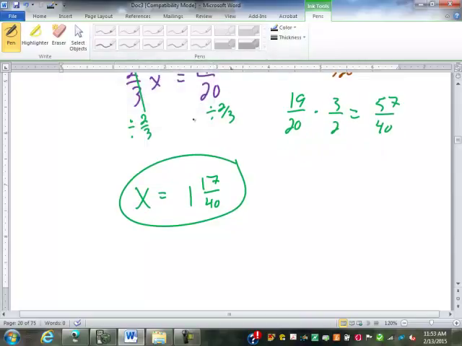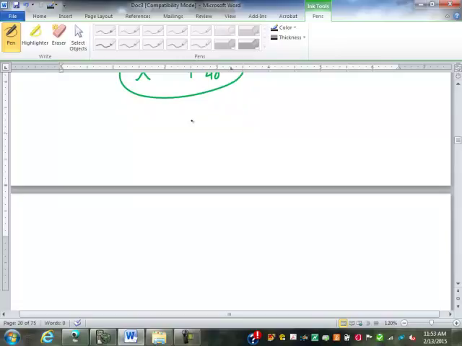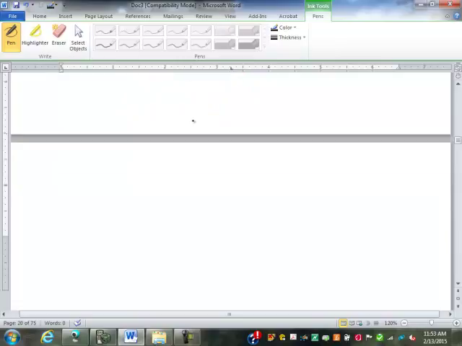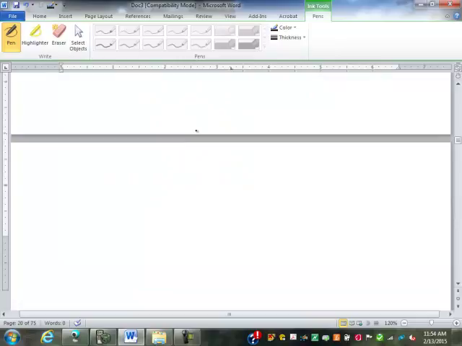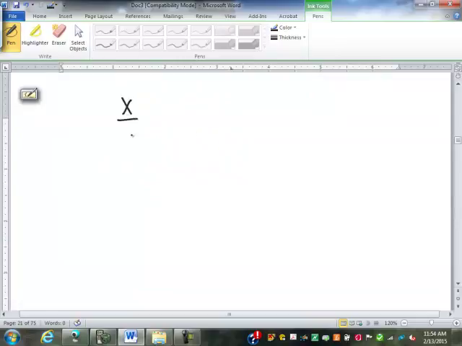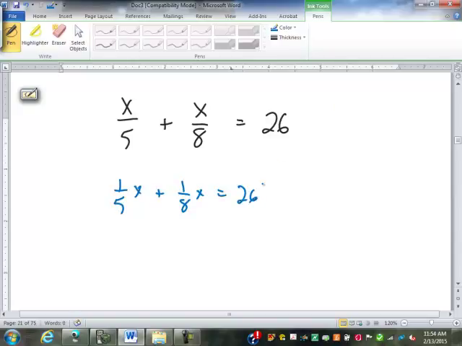One last example I want to show you of those complex equations. Actually, a couple of examples, but then we'll look at a couple of little things quick. So anyway, let's go back to the one we looked at earlier, where we had x over 5 plus x over 8 equals 26. We solved this one by turning it into 1/5 x plus 1/8 x equals 26.